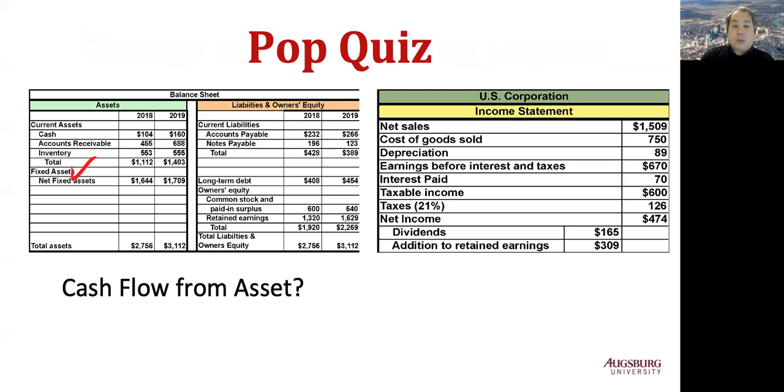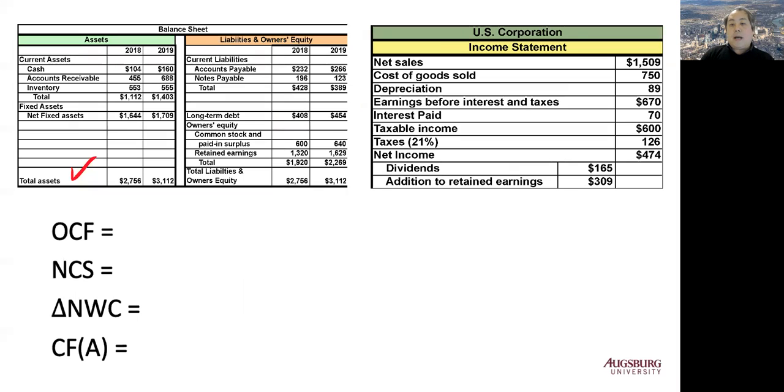So this is the pop-up quiz. Find cash flow from asset. To find the cash flow from asset, we should have three items: operating cash flow, net capital spending, and change in net working capital.